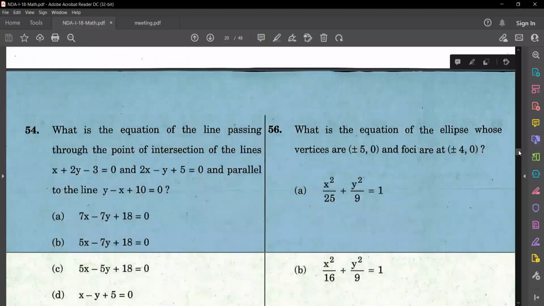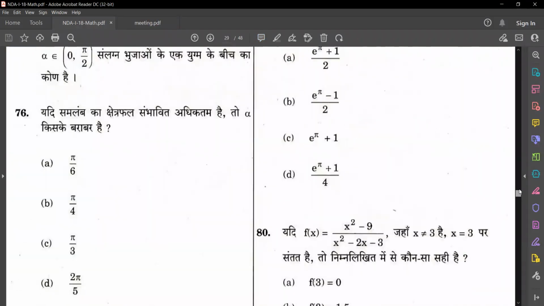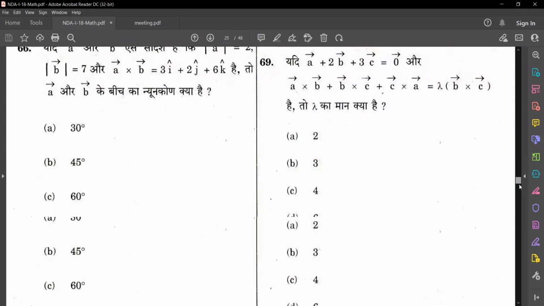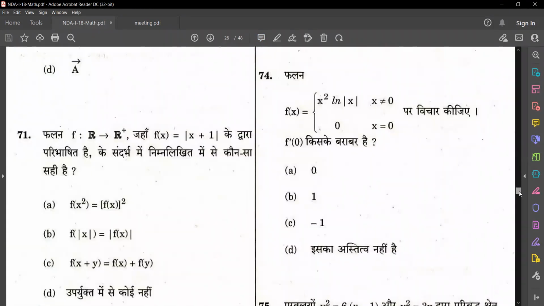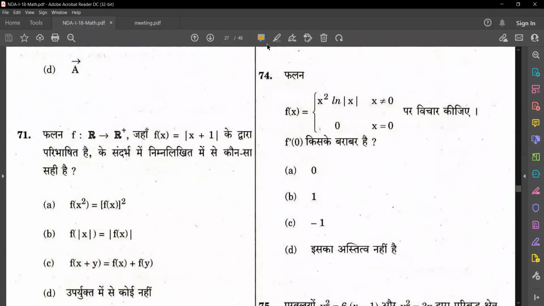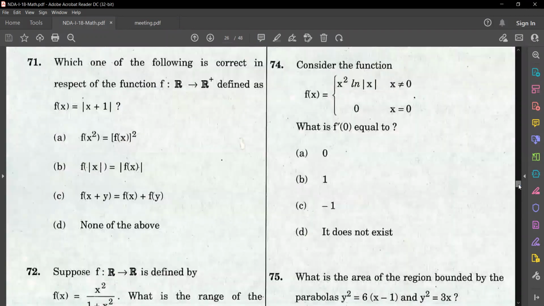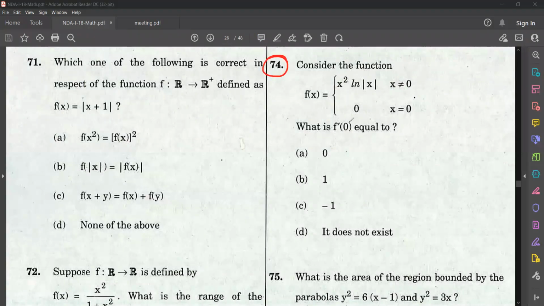Moving to the next question, question number 74. Consider the function x square ln modulus x for x not equal to 0, and 0 for x equal to 0.